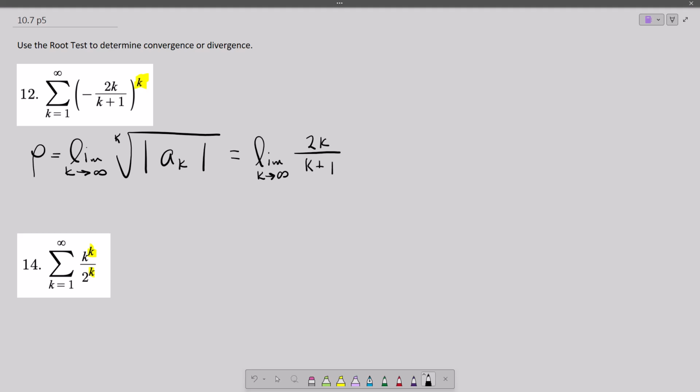The absolute value takes away that minus sign, and the kth root takes away that power. And what's that limit? 2. Powers match, you have linear up top, linear down below, so you take the ratio of leading coefficients, which is 2. Or you divide everything by k, it does not matter.